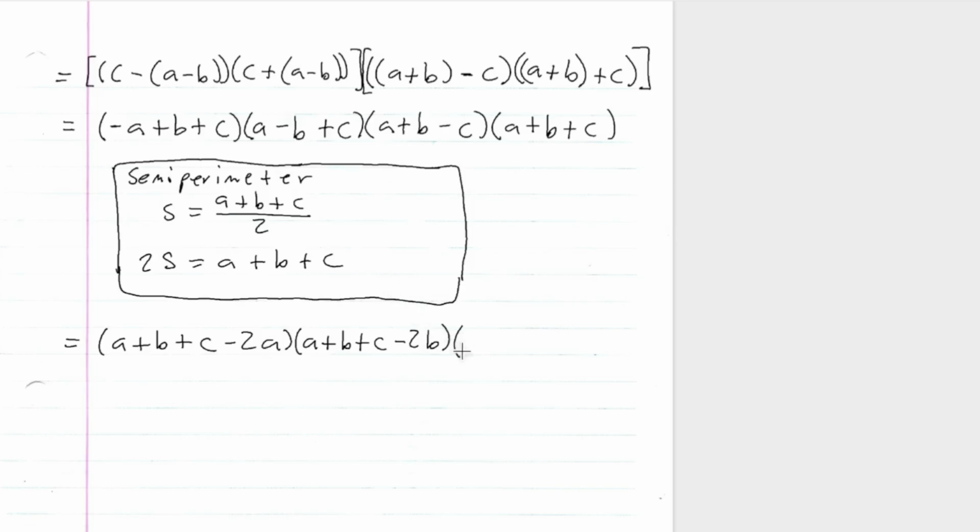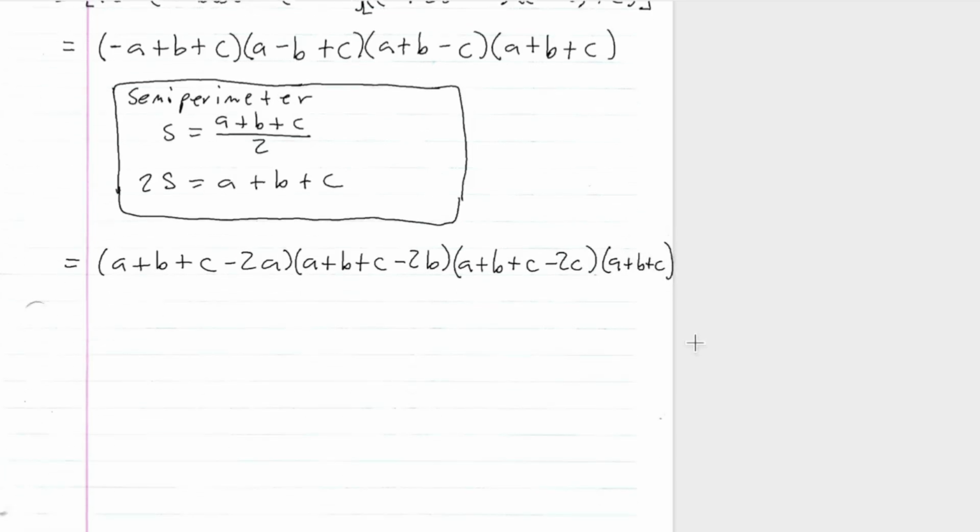And then I'm going to have a plus b plus c minus 2c, and then that final a plus b plus c, right? So now, wherever the a plus b plus c is, I'm going to substitute 2s. So this is the same thing as 2s minus 2a. This will be 2s minus 2b. And this will be 2s minus 2c. And then, of course, this will be 2s.